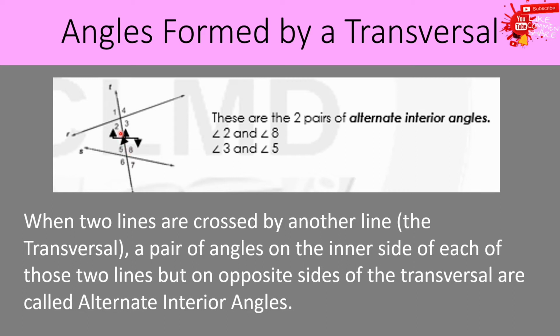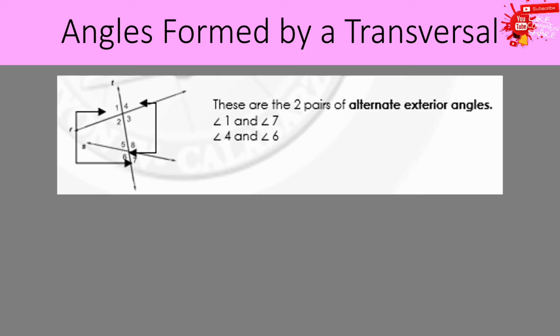That's why angle 2 and angle 8 are on opposite sides of the transversal and both on the interior part of the two lines. And also angle 3 and angle 5. Again, a pair of angles on the inner side of each of those two lines, but on opposite sides of the transversal, are called alternate interior angles.